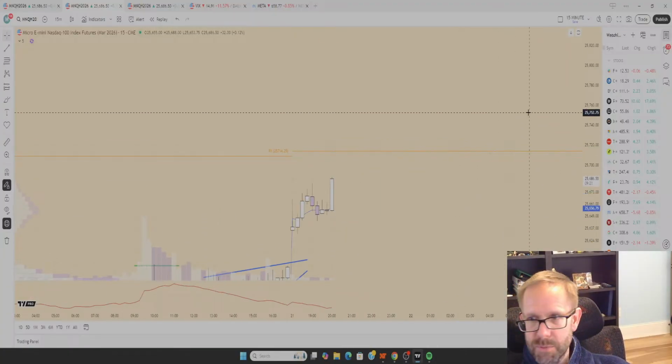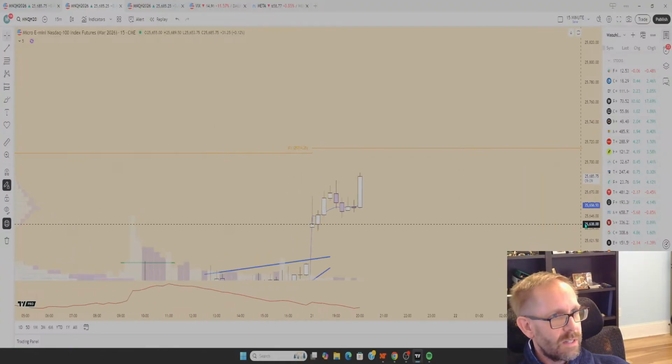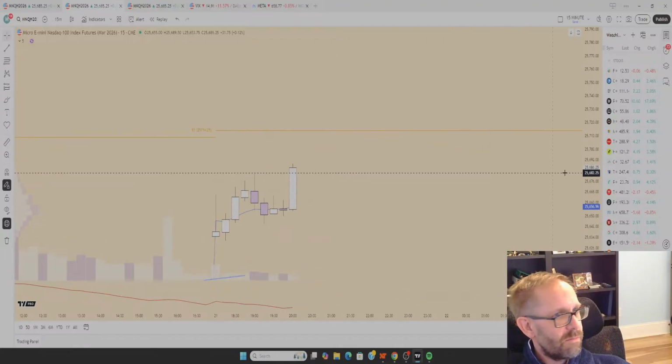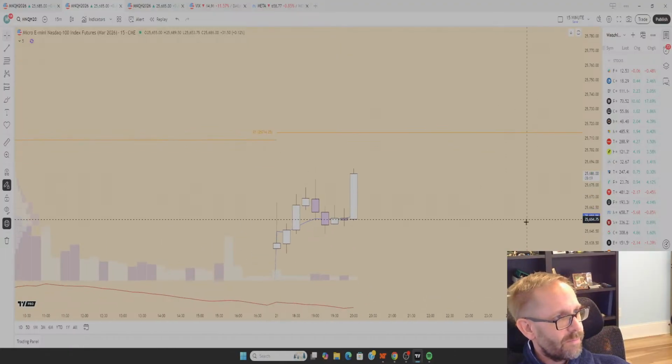There goes the pop to the pivot. Almost want to trade this. But I'm not going to. I don't like to trade overnight.